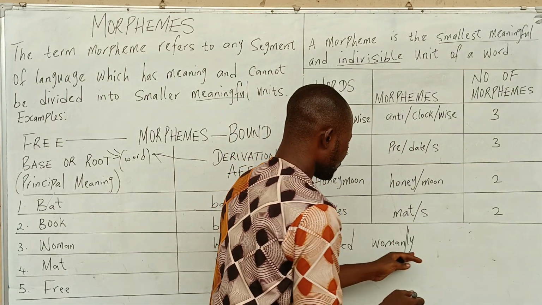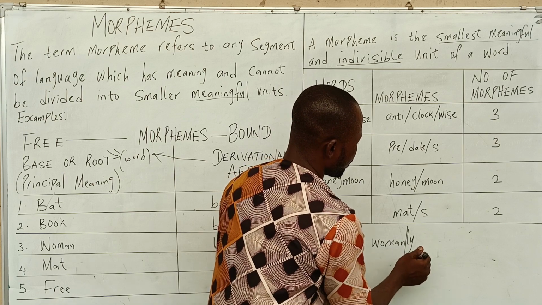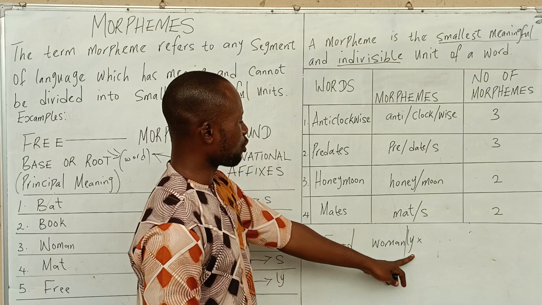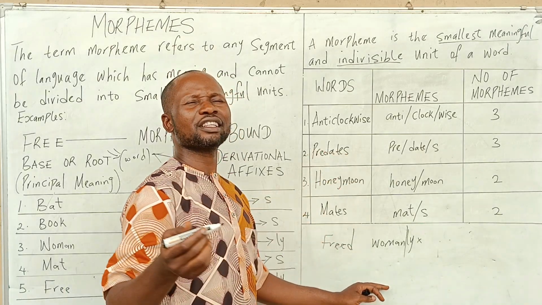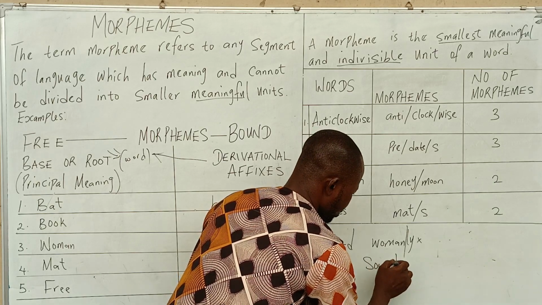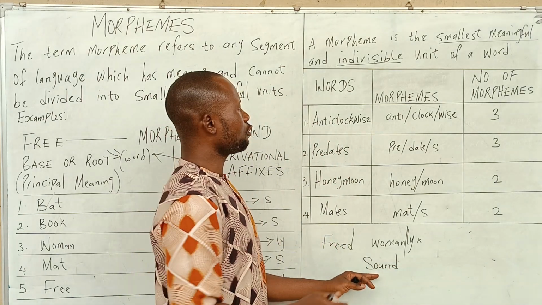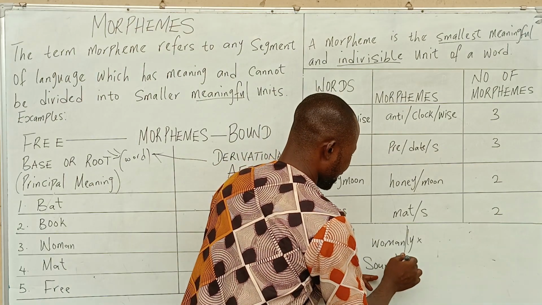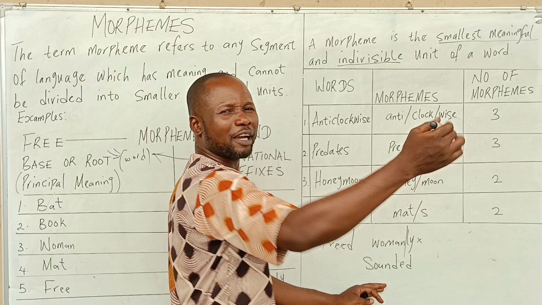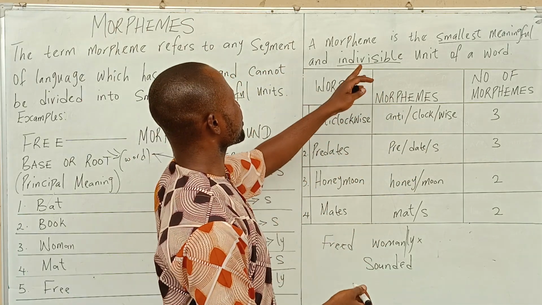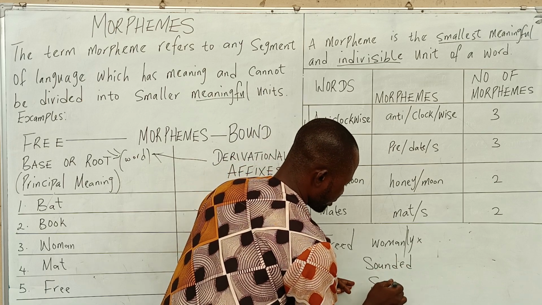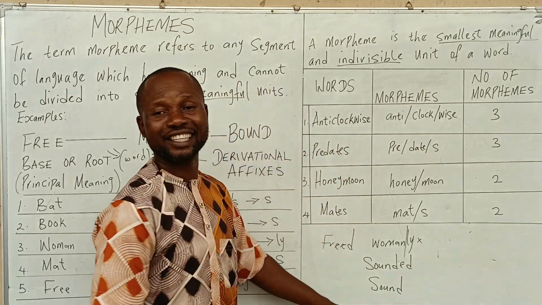This one is what? Derivational morpheme. So if we pick, let's say, sound, and if we add again, let's say sounded, anything we keep adding means we can divide, but sound itself, we cannot divide again.